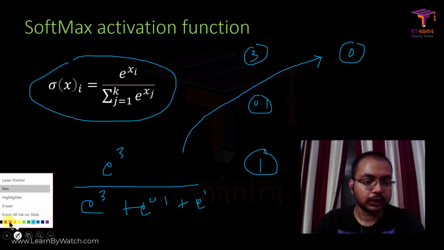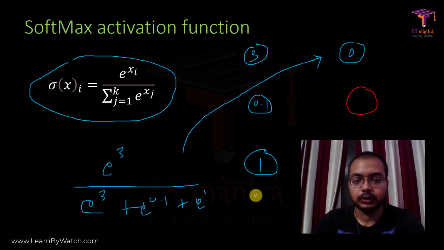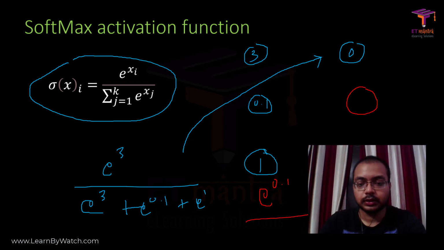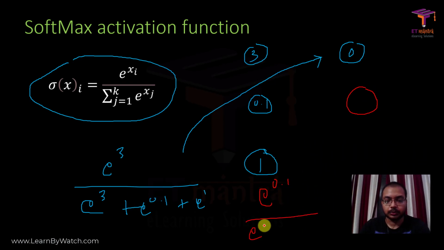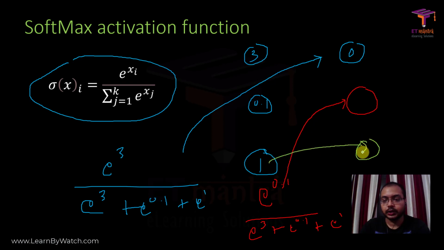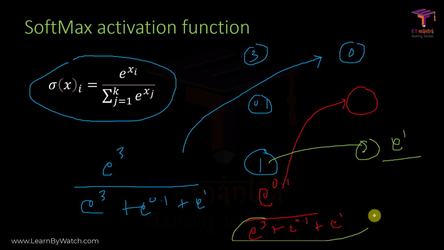Similarly, for the other one, this will be e raised to power 0.1 by this same thing, e raised to power 3 plus e raised to power 0.1 plus e raised to power 1. This thing will go here, and by the same logic you can figure out that here the numerator would be e raised to power 1 and the denominator would be the same as this one.